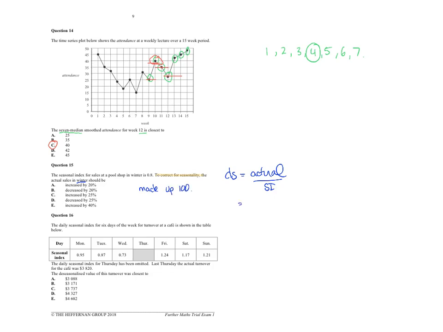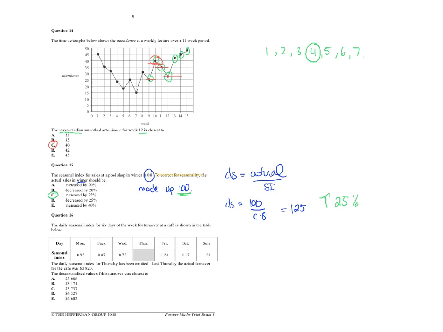If you looked, the deseasonalized value would be 100 divided by winter's index, which is 0.8, which equals 125. So you can see we have increased, we've gone up by 25, which we can say is like 25% because I used 100, so I could see that. So the answer is C, and that's how we get that.